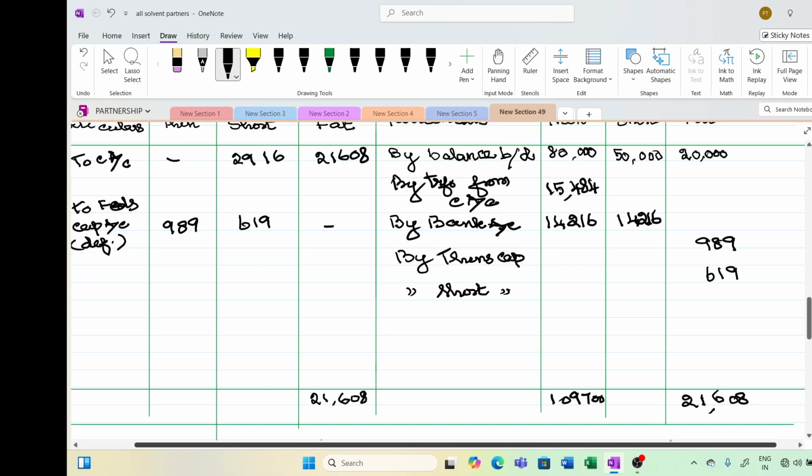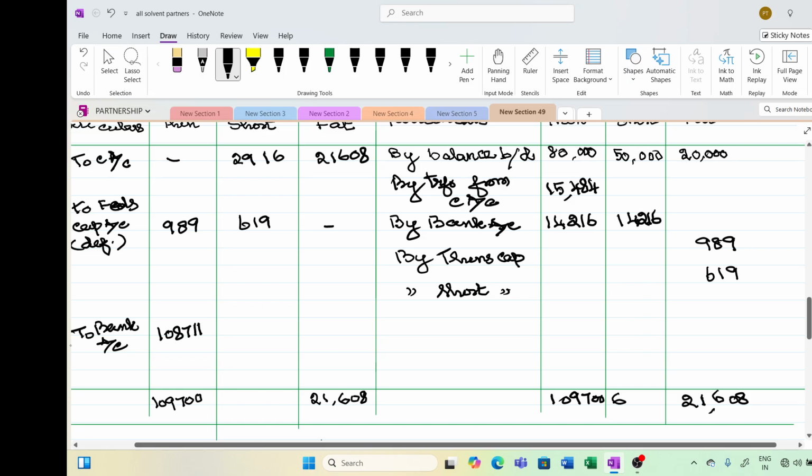So copy this amount, 1,09,700 minus 989 will give him 108711. This will be paid to him by bank account. If it is cash, you can make it as cash. I am writing bank account.